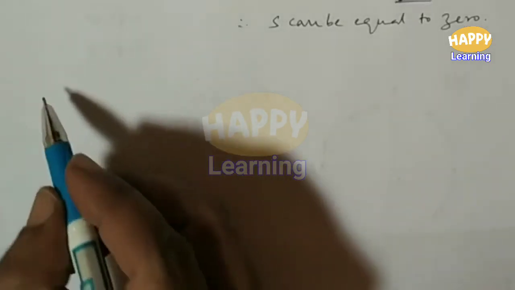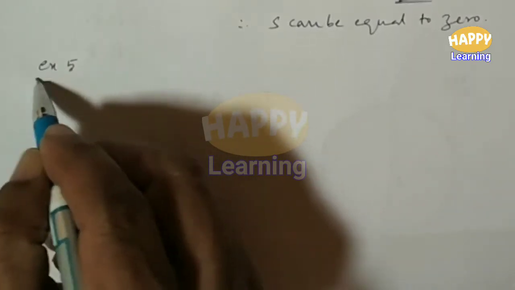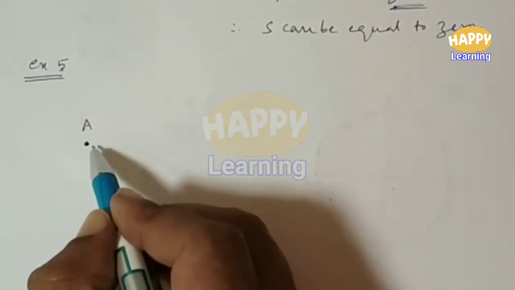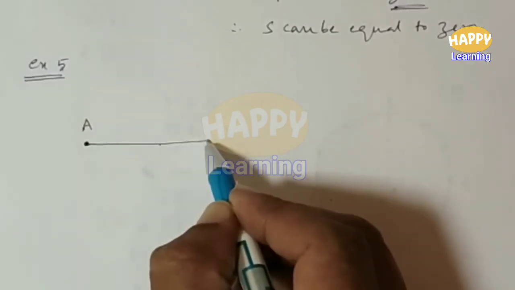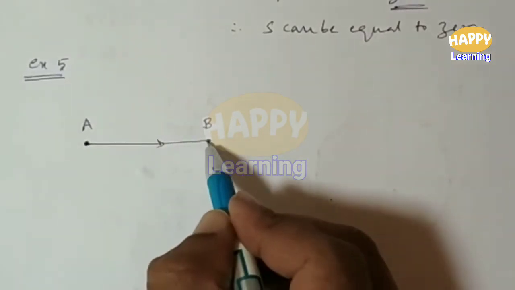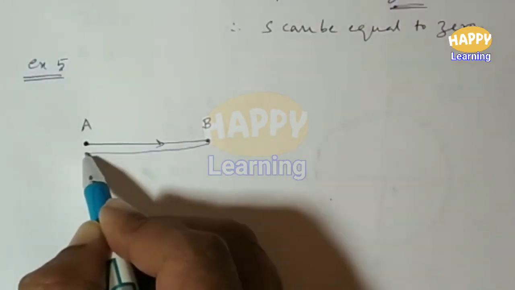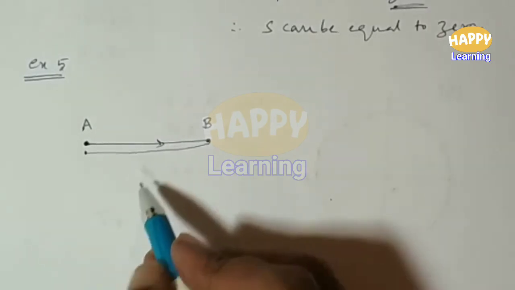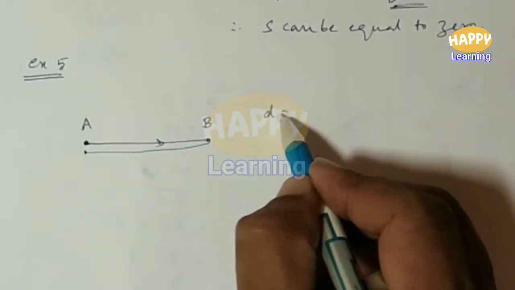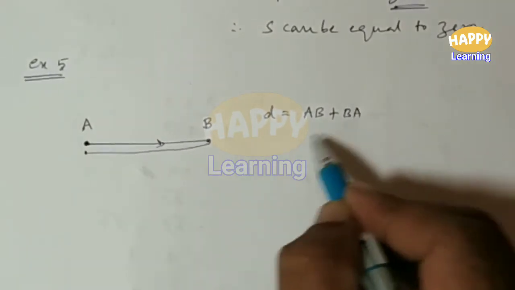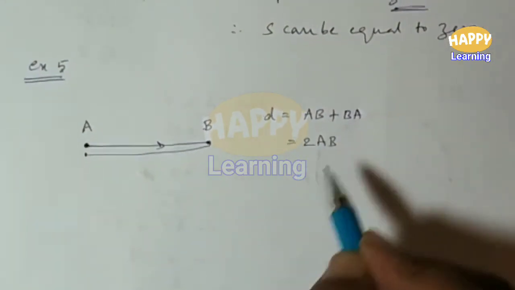Right. Now example 5. A body started from point A, reached a point B, and again it started from B back to point A. So started from A, reached B, again returned back to point A. So distance D means the actual path followed, AB plus AB.